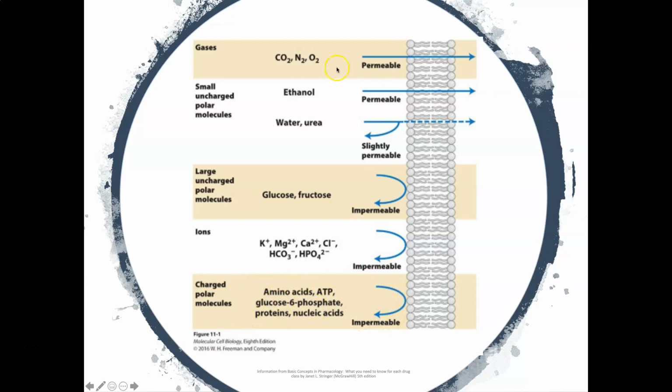So something has to happen on a charged basis in order for them to move across that membrane. So that's why you need to know, is something charged or not charged? Now, after this week, you are not going to have to worry about charged. You're not going to have to worry about active or passive transport. You're not going to have to worry about, is it acid or base? I'm only giving it to you here because it has to do with absorption, distribution, and clearance.